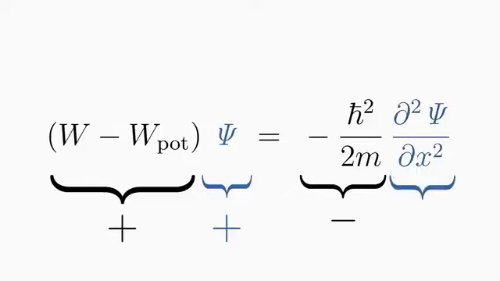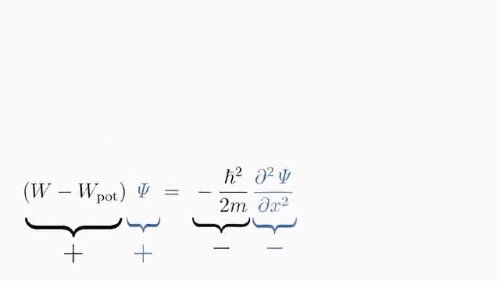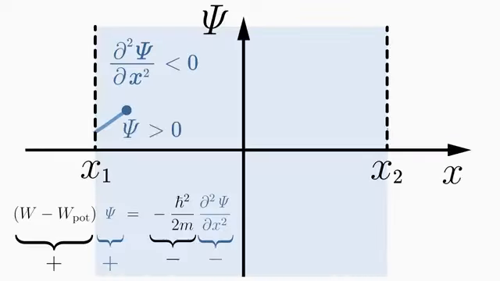Consequently, the curvature at this location x must be negative. The curvature causes the positive wave function to always bend towards the x-axis. Even if it rises a little initially, this rise will become smaller and smaller until the wave function inevitably falls.